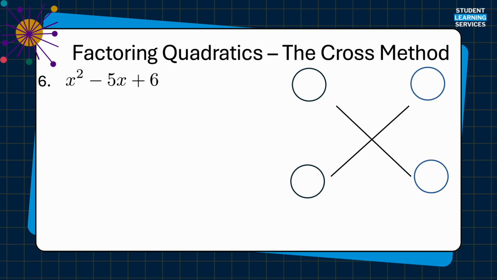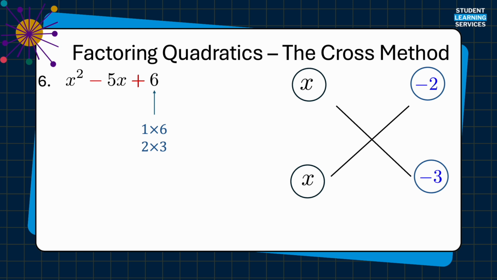Question 6. X squared minus 5x plus 6. Again, pause the video and give it a try first. First of all, it should be x and x in the black circles. And then notice that 6 is positive, but we have negative 5x. What that means is the two integers in the blue circles are going to be negative, because negative times negative is still positive.